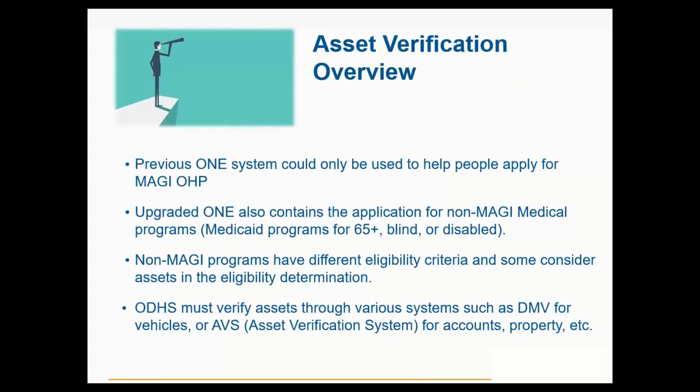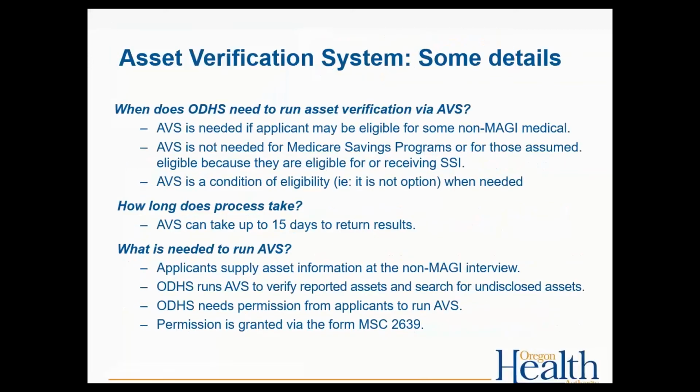Another way that we verify assets, in addition to looking at DMV records, is something called the asset verification system. That's where we take all of the accounts and the properties that the person has reported, and we ping a system called AVS to verify those accounts and properties, and also to look for undisclosed accounts and properties.